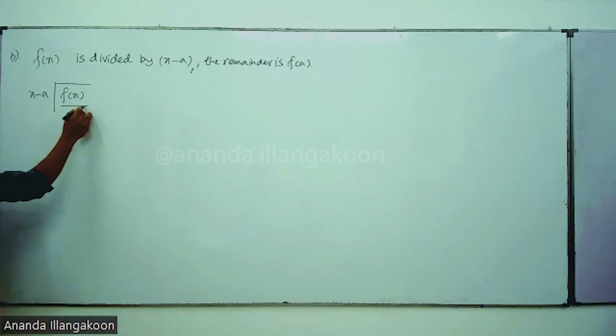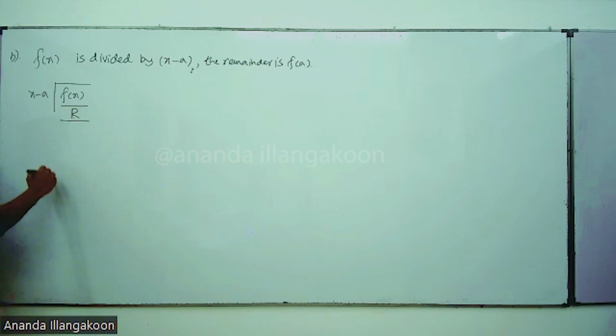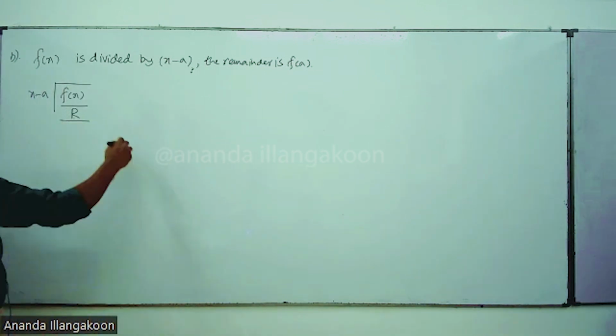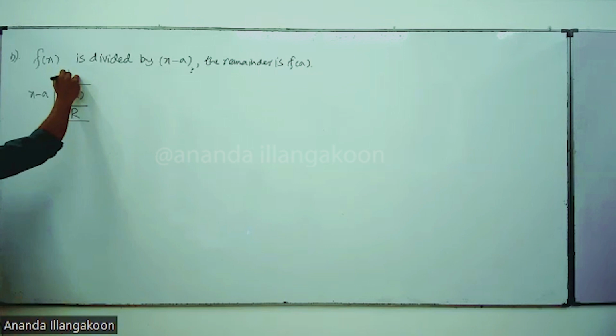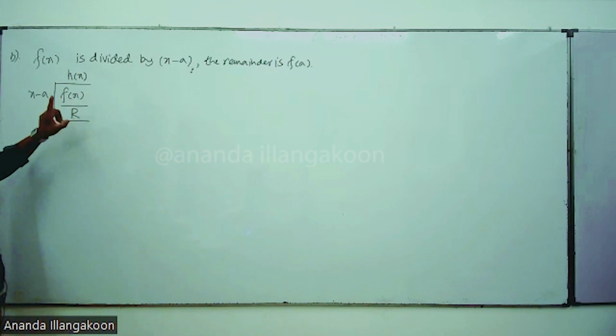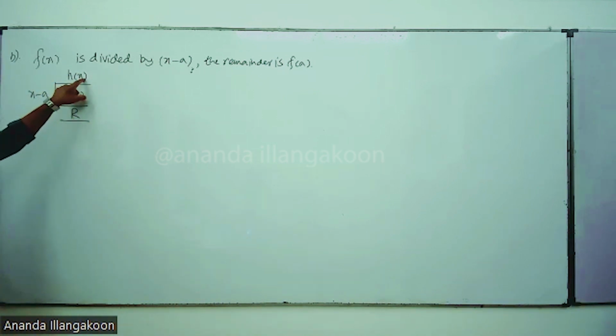Then the remainder should be a 0 degree remainder. 0 degree polynomial function means a constant, say r. And here I assume the quotient as h(x). Right? Then by using the algorithm of division, we can write f(x) is equal to this multiplied by this plus r.